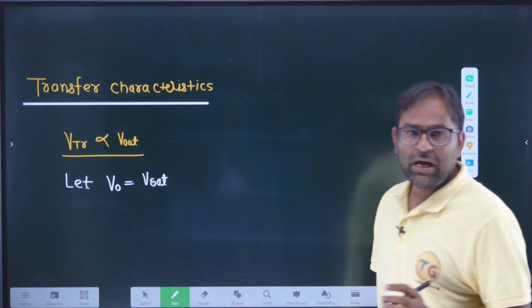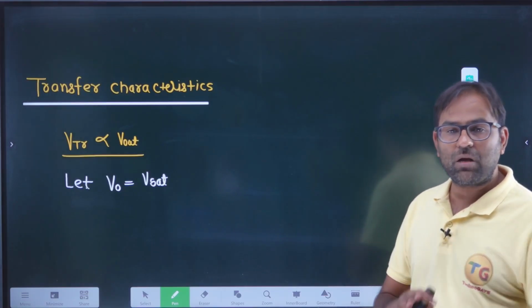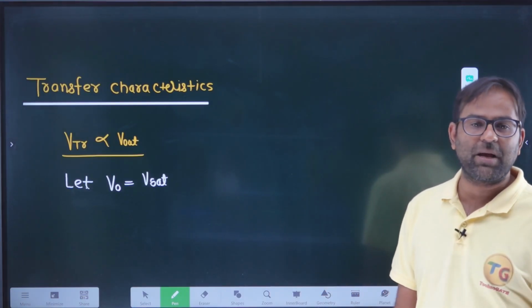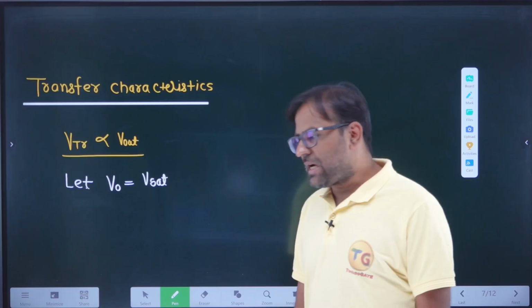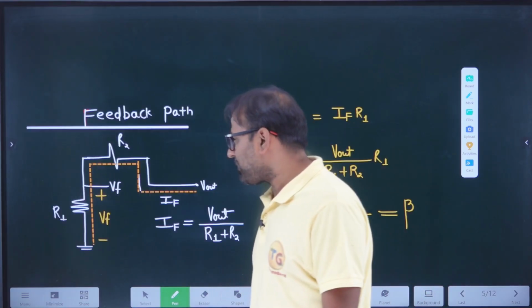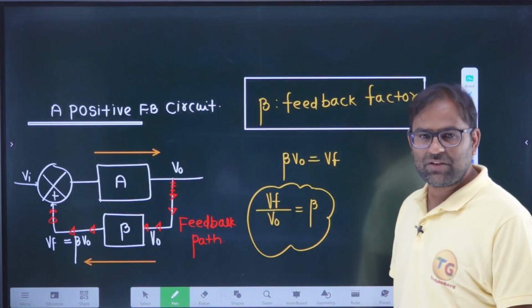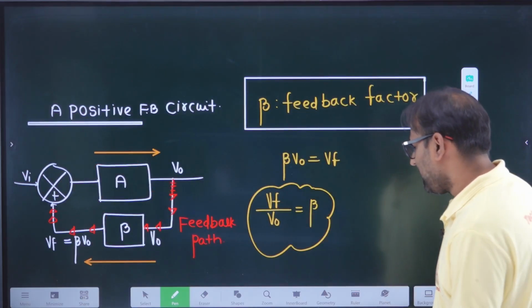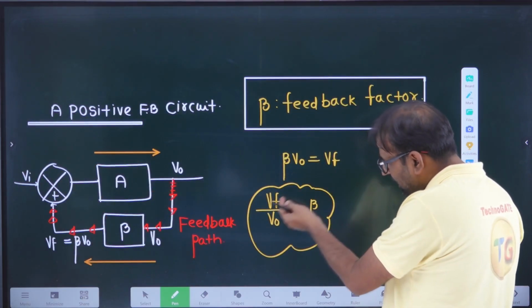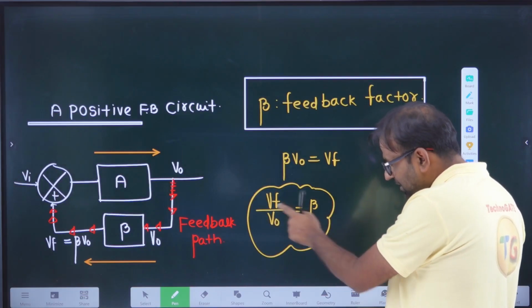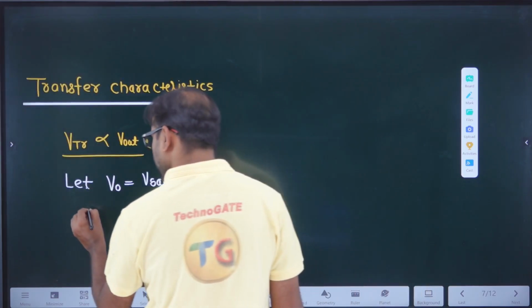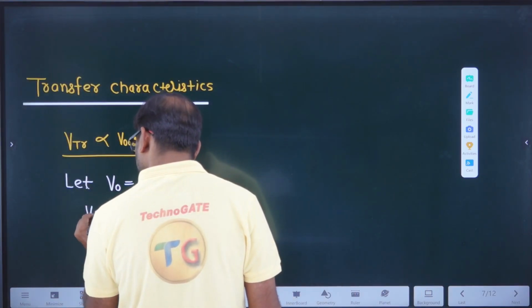Always remember, at the output of the op-amp you cannot have any voltage besides plus V saturation and minus V saturation. If the output is plus V saturation, what is the feedback voltage? Can I say the feedback voltage is, then, what?